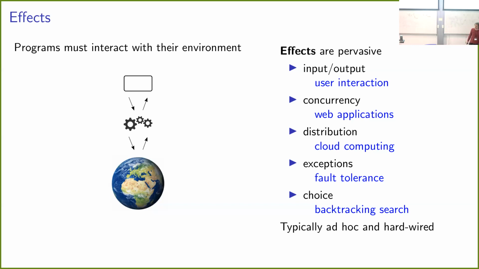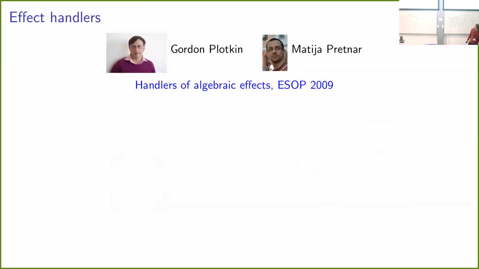And this is where effect handlers come in. So they're based on the theory of algebraic effects, and they were introduced by Gordon Plotkin and Matija Pretnar, originally in a very abstract categorical setting, but I'm going to give you a very high level perspective from the point of view of programming with effect handlers.